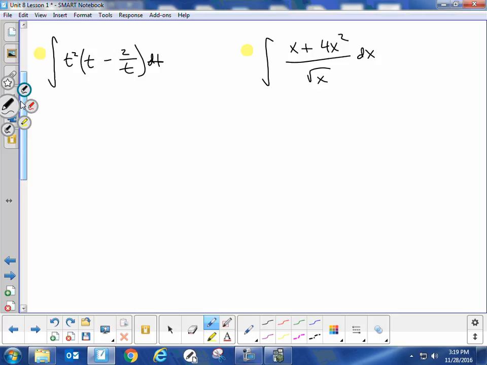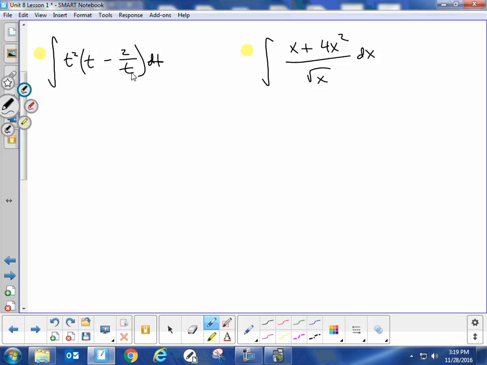And I won't go through the exercise of having you try to select u's and failing, because it'll take us some time and we've got to move on. But I'll show you these as a great example of, hey, you learn this technique, you're going to think u substitution, u substitution, u substitution. Let's set u equal to t minus 2 over t. That makes sense. And then you'd find that not everything cancels.